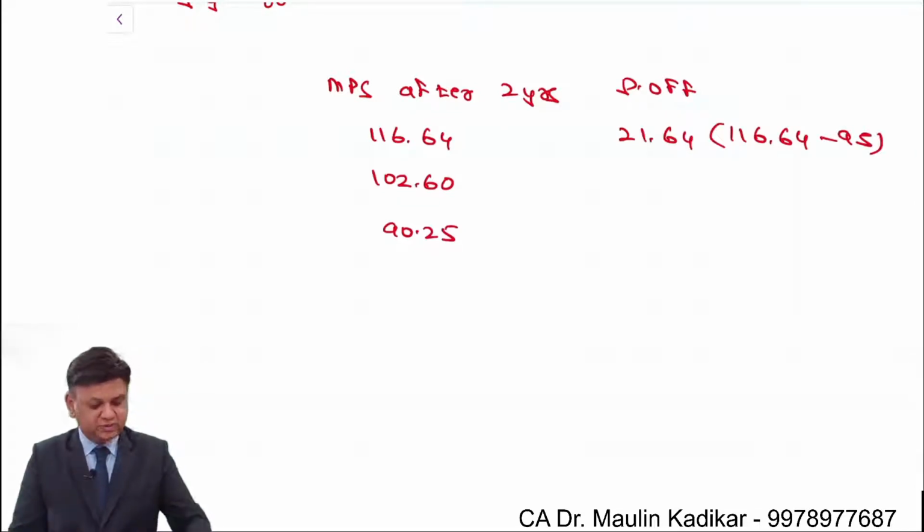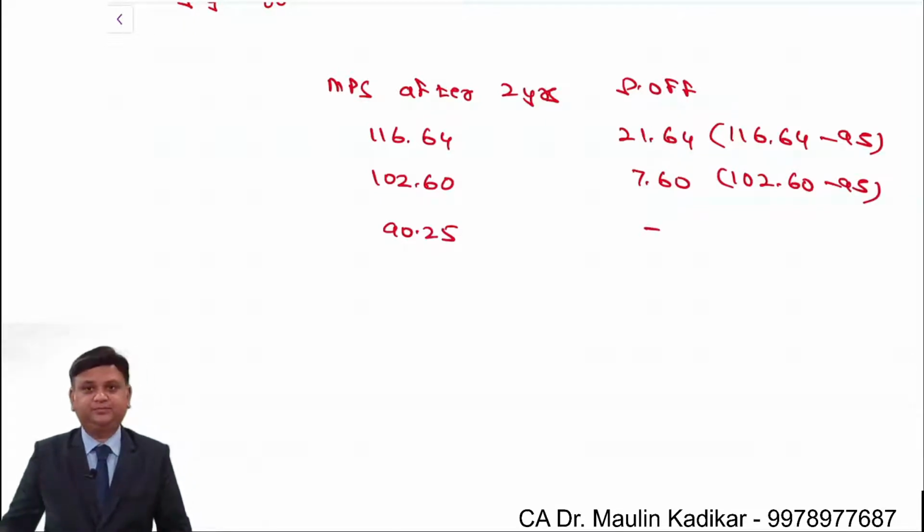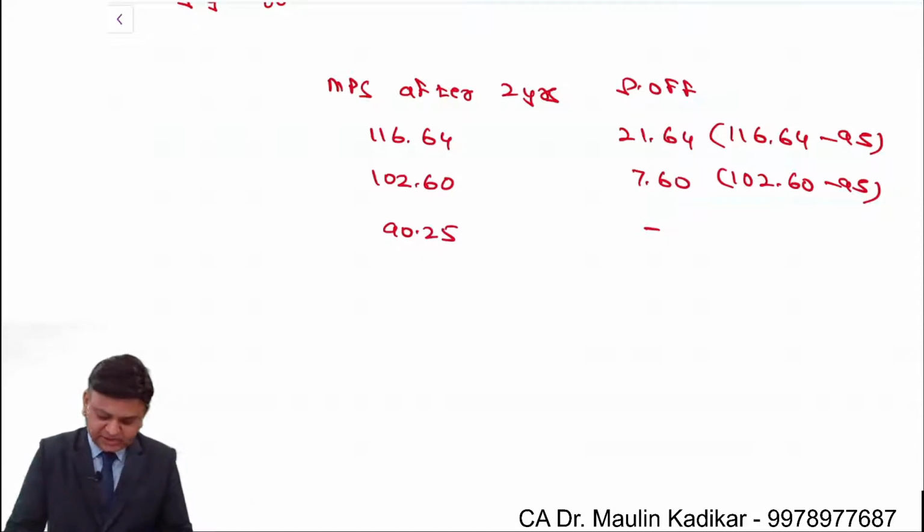In the next case, 102.6 minus 95, that comes to 7.6. And in the last case, it will be 0. I'm sorry, the exercise price is 98. So in the first case, it will be 18.64. And in the next case, it will be 4.60.